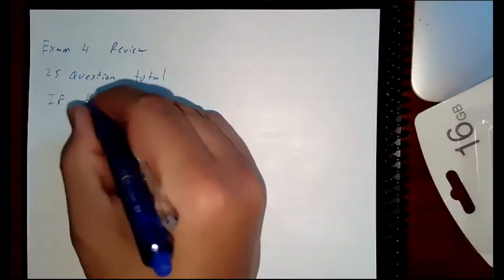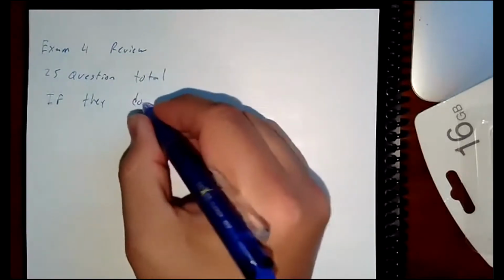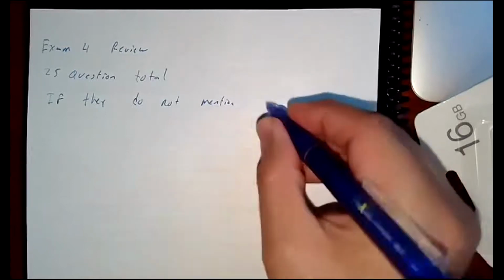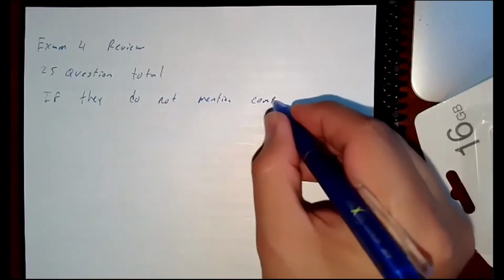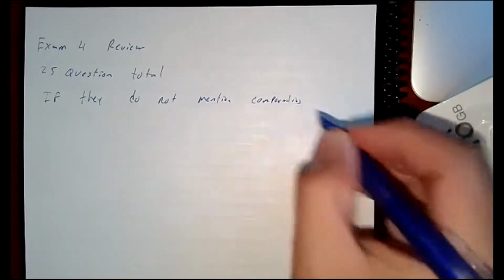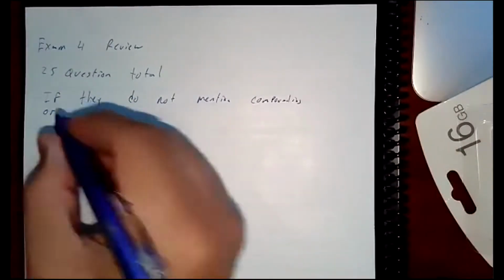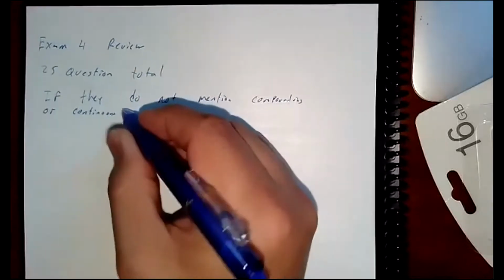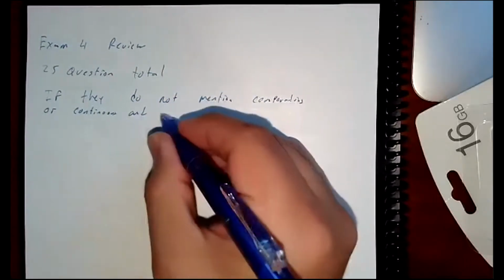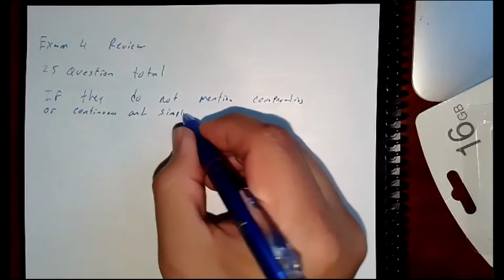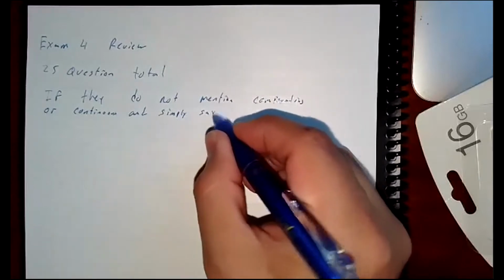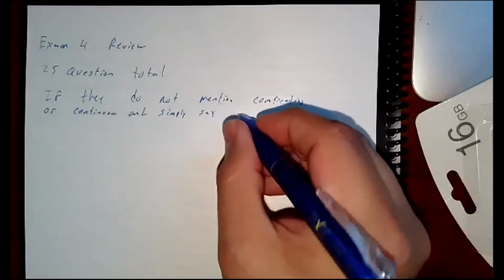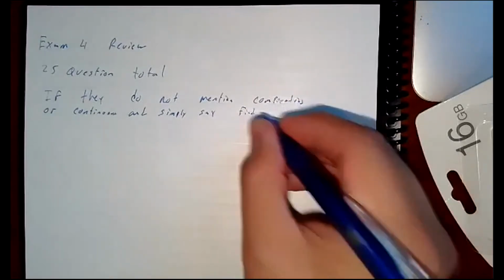If they do not mention compounding or continuous compounding, and simply say find future value, right?